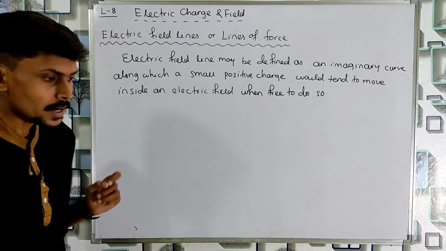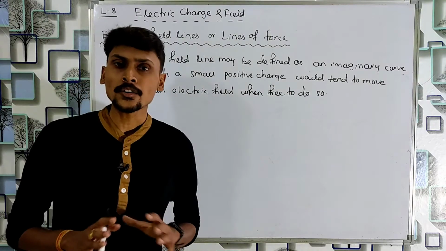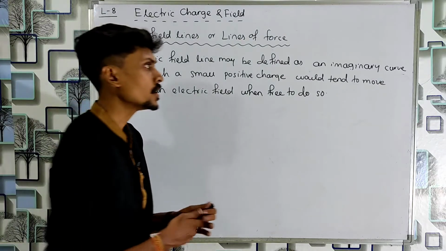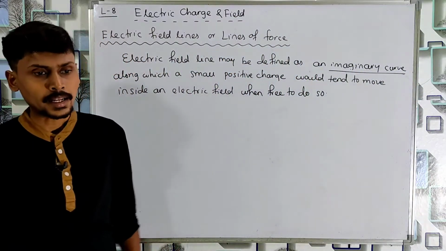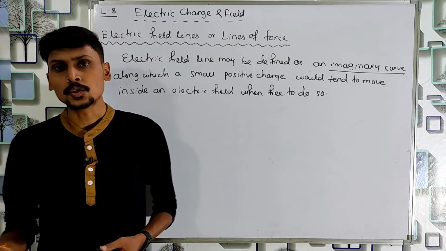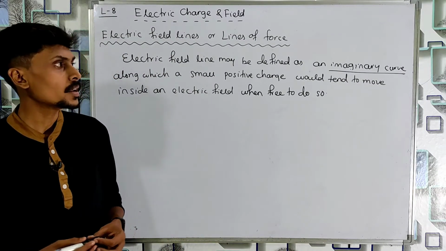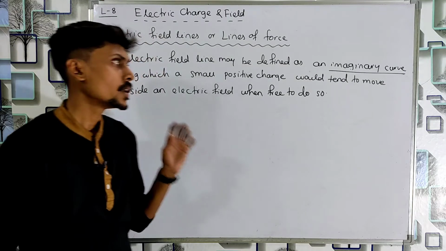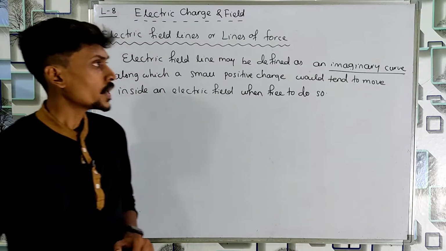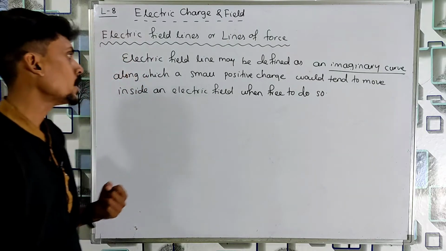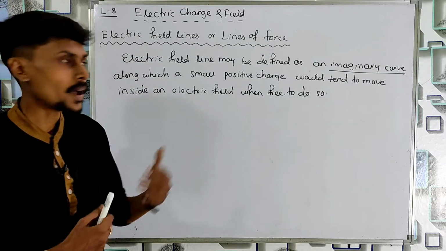First remember that an electric field line does not really exist. It is an imaginary curve, like the longitude and the latitude, which are imaginary curves. Similarly, the electric field lines are imaginary curves. They don't really exist. So what is the importance of these electric field lines, or what does it imply?